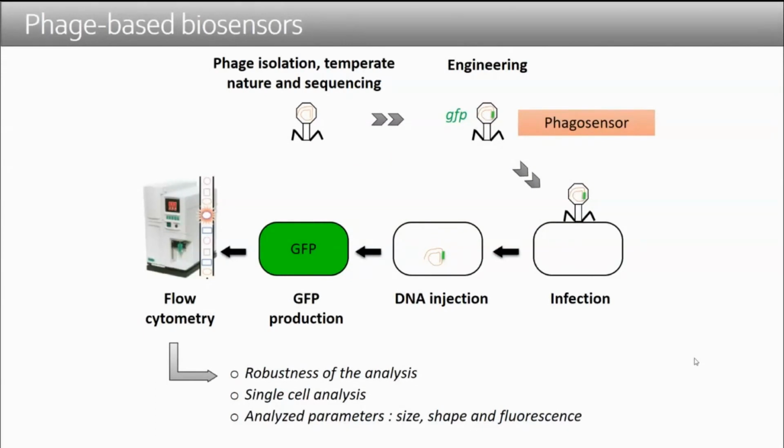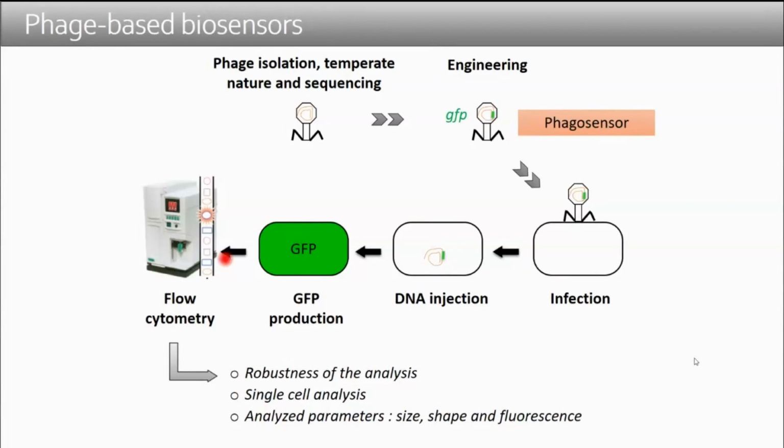And then if you can do genetics, like in E. coli or in Salmonella, it's very easy to engineer your bacteriophage. So the idea is that by adding a GFP gene fusion, upon infection, the phage injects its DNA, and then your bacteria grow. So it's very easy to analyze and very robust to analyze using flow cytometry.